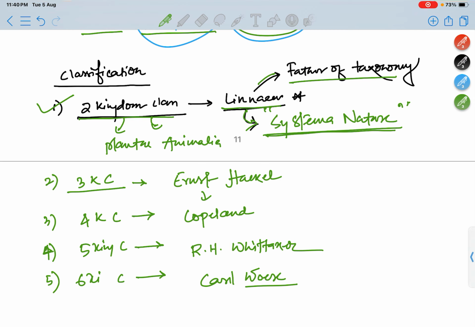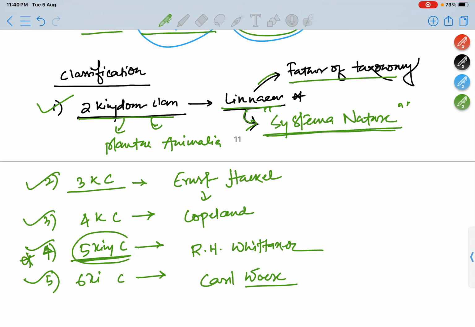So in this way, they have added so many things, and there are some exceptions also. So you don't have to go so deep. Okay, you just read superficially, like who is the father, who gave this theory. That's it. Now, five kingdom is the most important one, right?